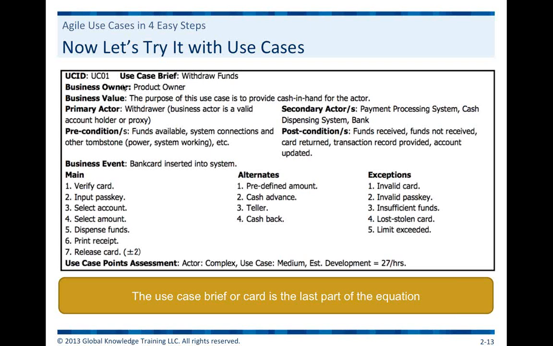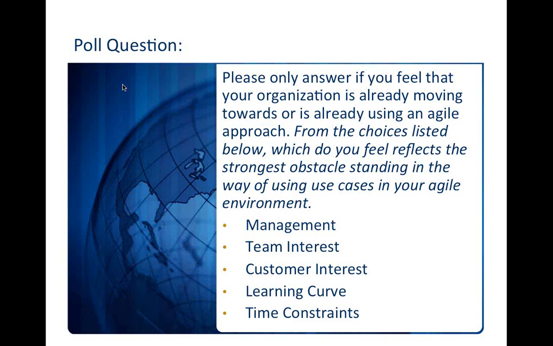We have five choices: management, team interest, customer interest, learning curve, and time constraints. We'll give everyone a moment. I will remind everyone that we will have time for a few questions at the end. If you have a question, please type it into the questions pane. We still have a few more people thinking about this, so we'll give everyone a few more seconds.